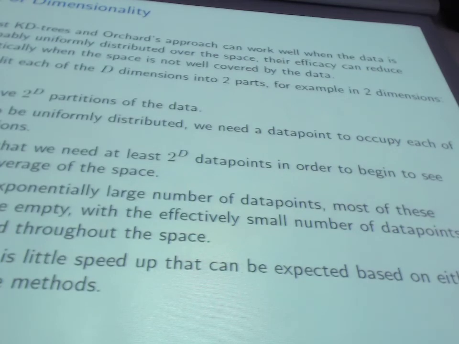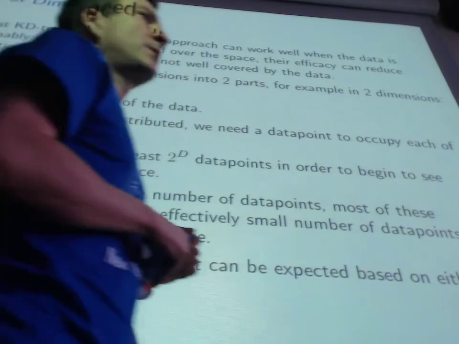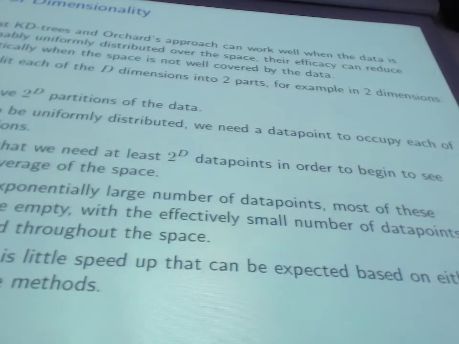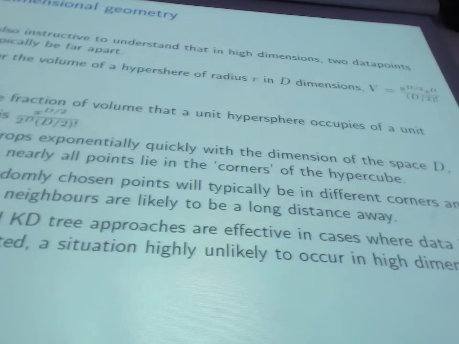They don't contain any data points. So there's only a tiny fraction of them that contain data points. So this means it's totally non-uniform. That's not good. So there's no way we're in that sort of uniform situation in high dimensions, typically.